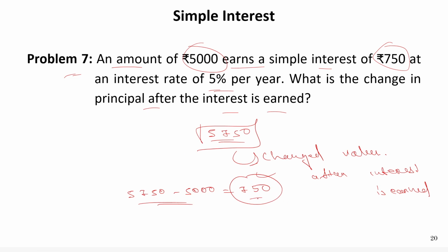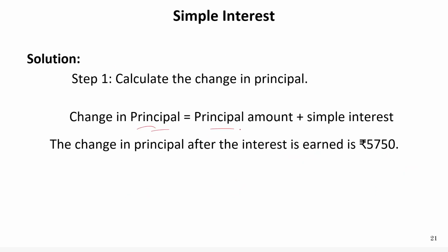So this will be the difference amount, and after the interest is earned, this will be the changed value, as we have written here. So change in principal is equal to principal amount plus simple interest. So the change in principal after the interest is earned is what?